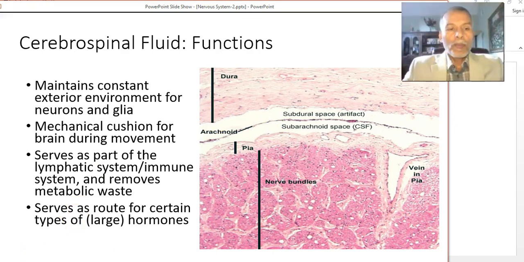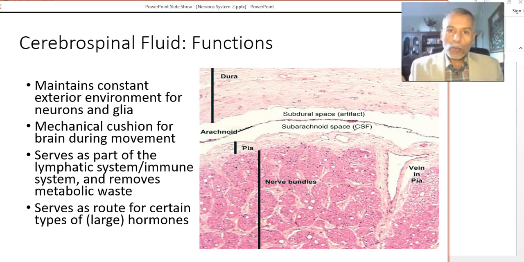In addition, the cerebrospinal fluid serves as part of the immune system mechanism that enables the brain to dispose of its waste. And, as we spoke about the white blood cells that are modified for the brain and spinal cord, the microglial phagocytes, these again engulf debris and kill germs and bacteria and so on.